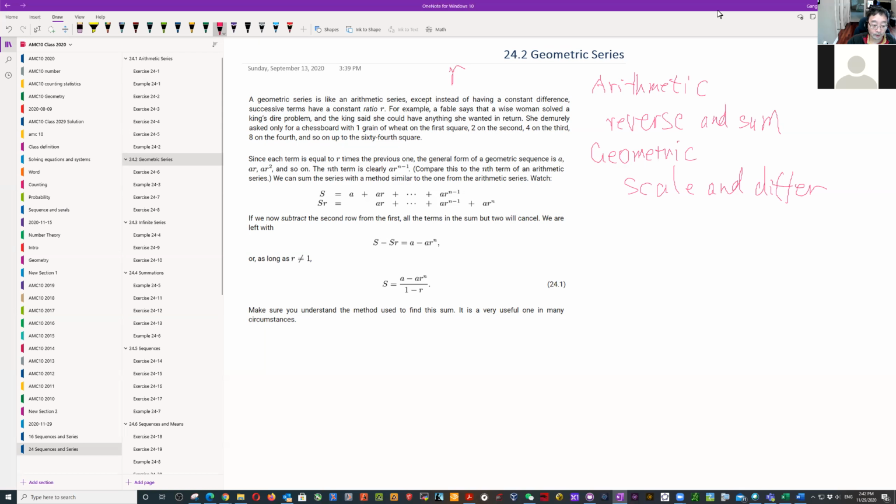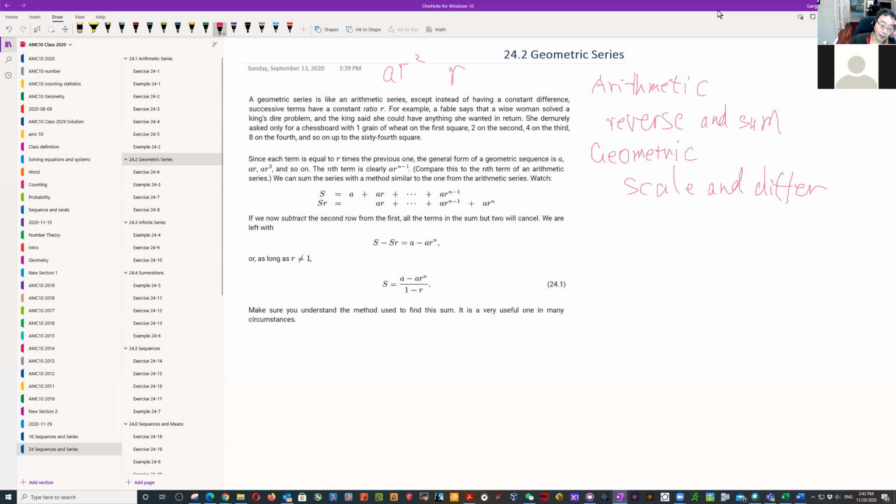So the second term is R times A, and the third term is AR squared, which is R multiplied by the second term. So it goes this way all the way.